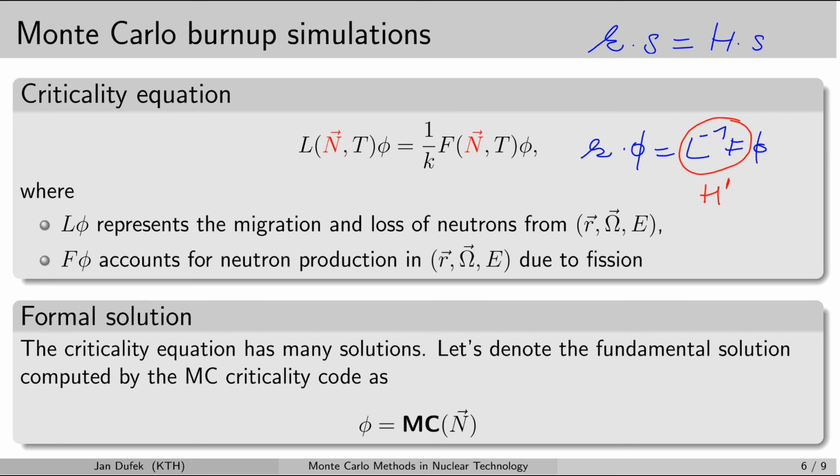However, when we apply the H prime operator on the neutron flux, we will get the next generation neutron flux. I've included the criticality equation for the neutron flux only for curiosity. I just wanted to show you this form, the MC function. When you see it in some of the next lessons, it simply means that this is the neutron flux given by Monte Carlo simulation on a system which is described by the nuclide field vector n.